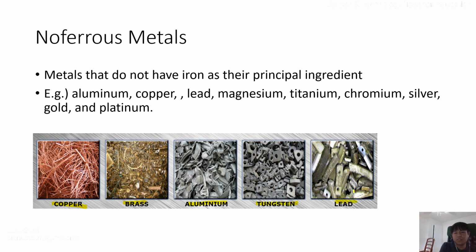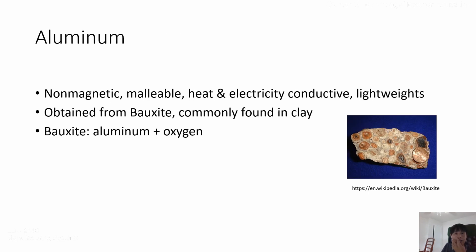Aluminum is the most widely used metal product among the non-ferrous metals. These types of metal do not have iron as their principal ingredient. I chose these examples, and I will look at some examples of non-ferrous materials.